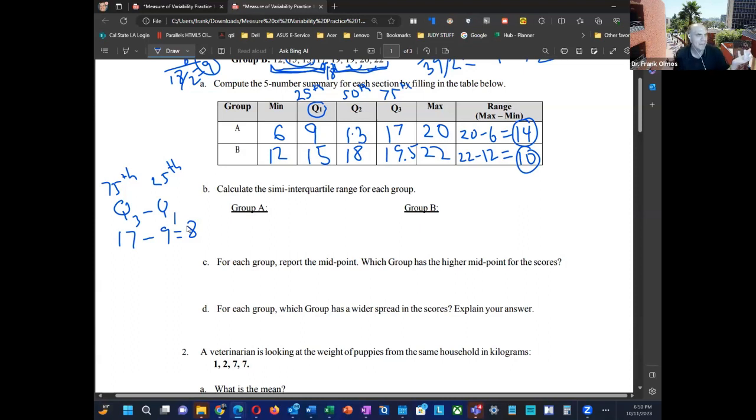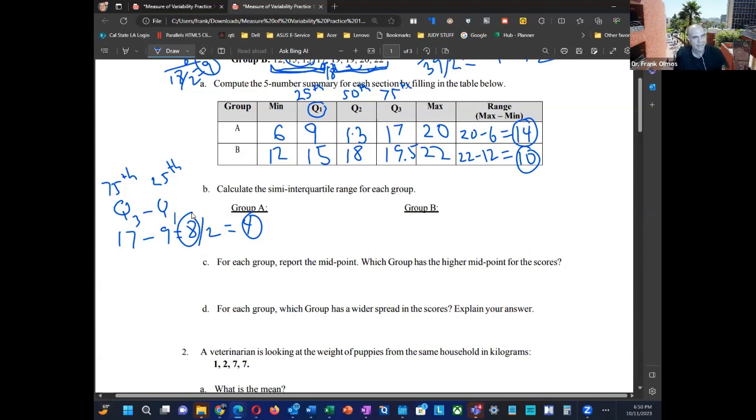Honestly, I'm happy with the interquartile range, but the assignment is asking for the semi-interquartile range, which is fine. All you need to do is divide it by 2 to get the semi-interquartile range, and then you get 4.